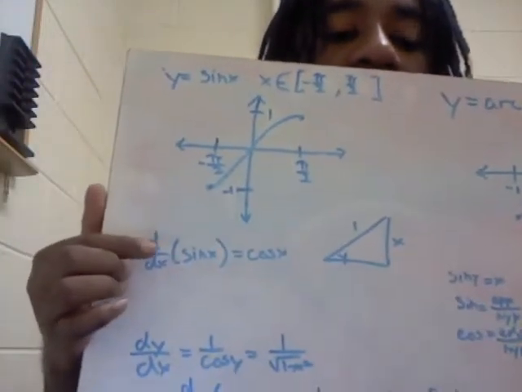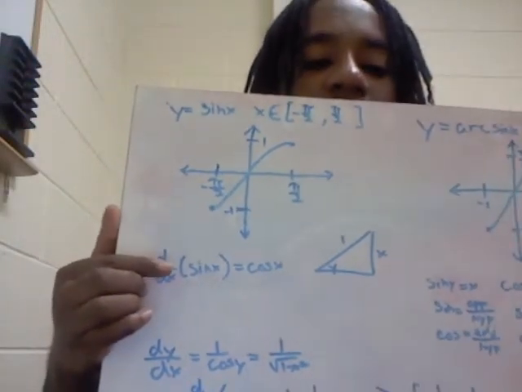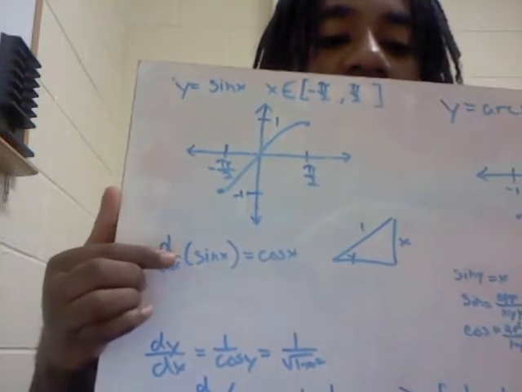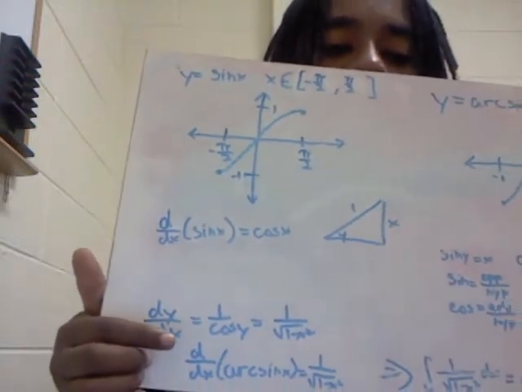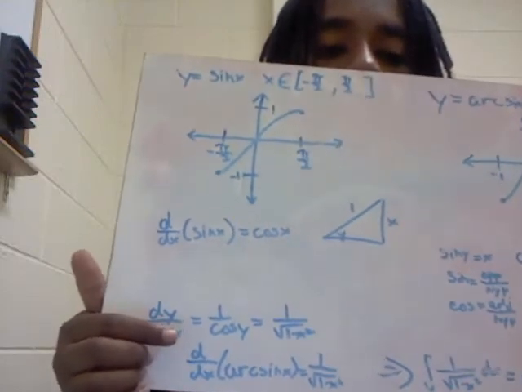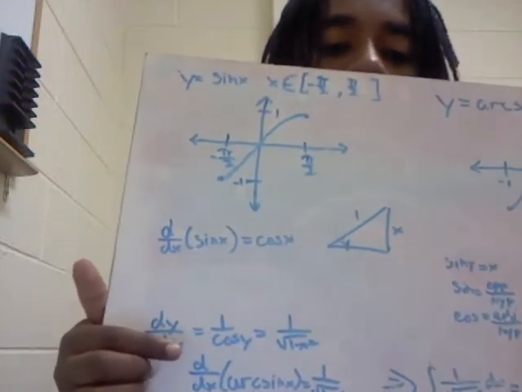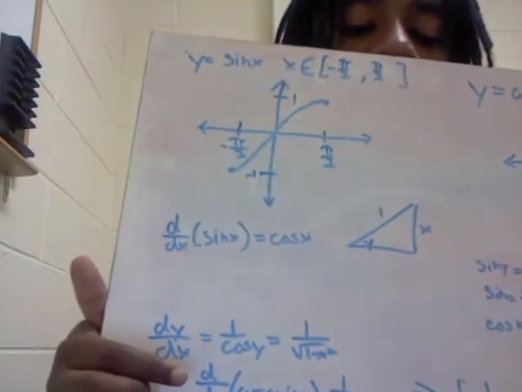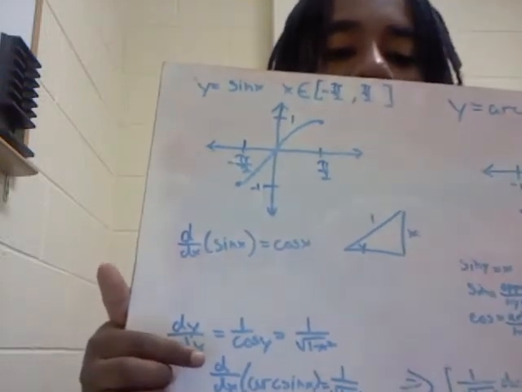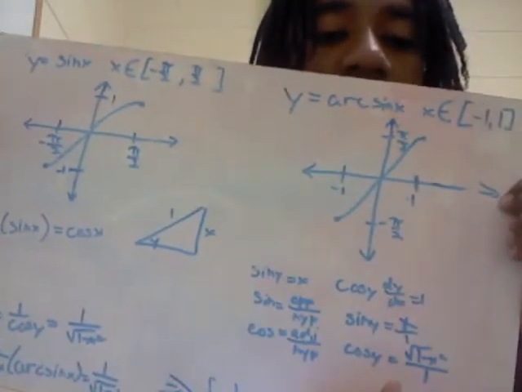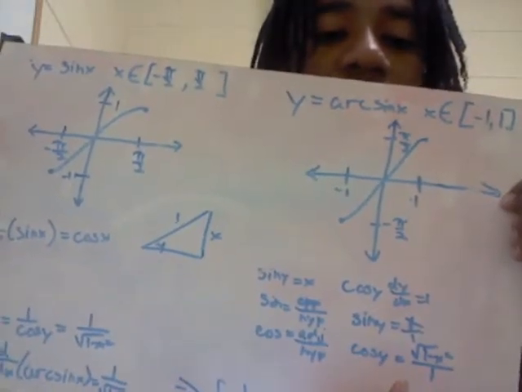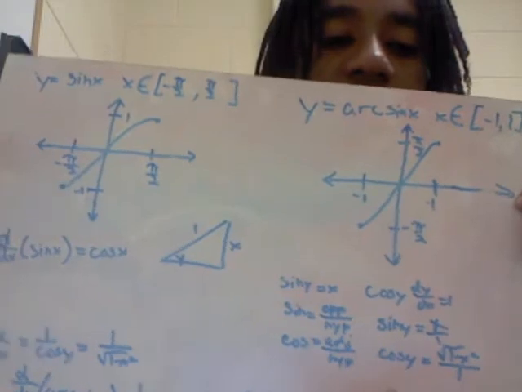Now, prior knowledge tells us that the derivative of sine x equals cosine x. So we can substitute the dx into here, which leads to the inverse being dy/dx equals 1 over cosine y. We already know from here that cosine y equals square root of 1 minus x squared.